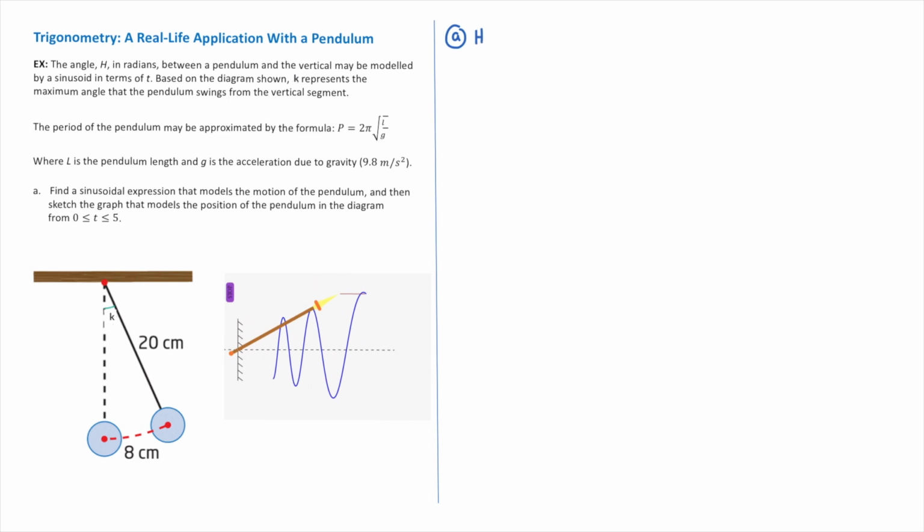So I'm going to start with h of t equals A times cosine of (B t minus C) plus D. Please know that as I write this expression here on the screen, I am already assuming that you have a basic knowledge of the general form of a sinusoidal function and that you also know about transformations.